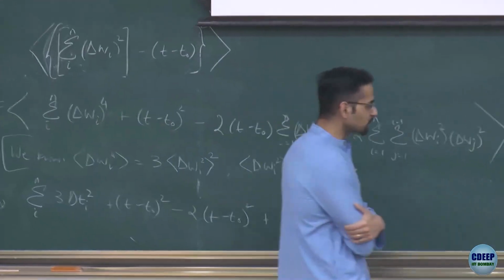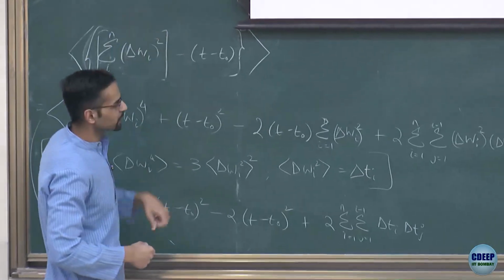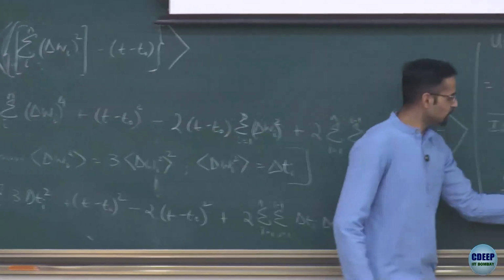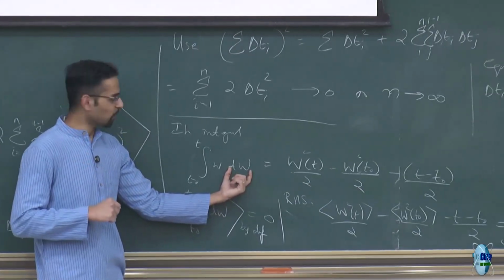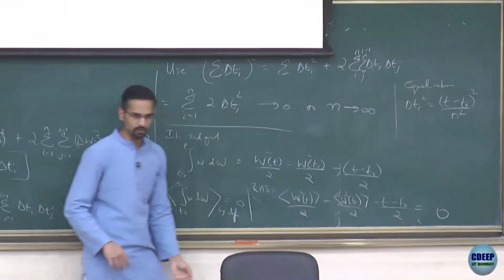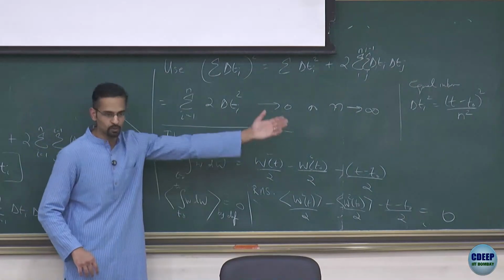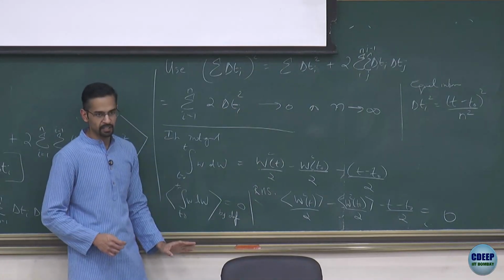And because in the integrand, when I do integral w dw, you think of this dw as root dt, not like dt. In the normal integral, this is actually dt, so this higher order stuff falls off. But when this is root dt, you have to take some higher order stuff. That higher order stuff is what gives you the correction in Ito.